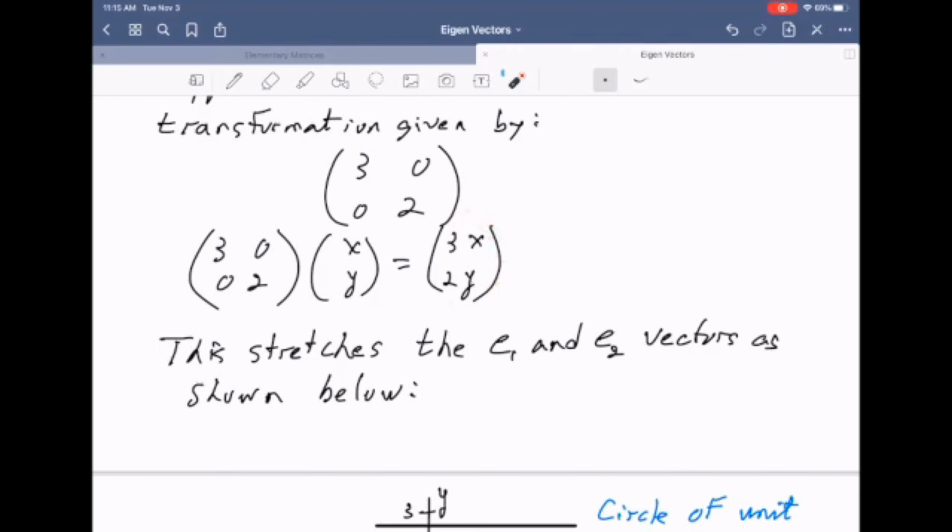What that does is it stretches the E1, and recall that E1 is (1, 0), and E2 is the other basis vector, (0, 1). Those are your elementary vectors. So what this matrix does is it stretches the E1 and E2 vectors, as we show below.